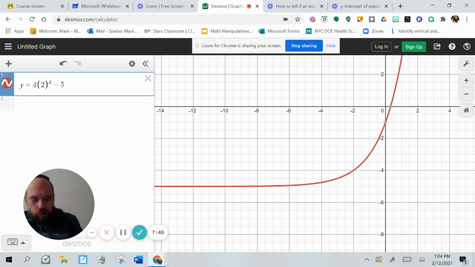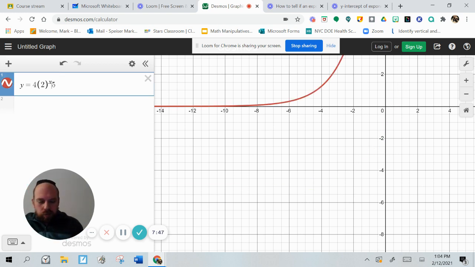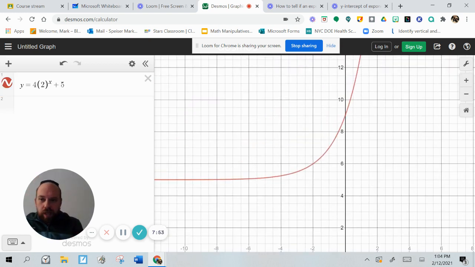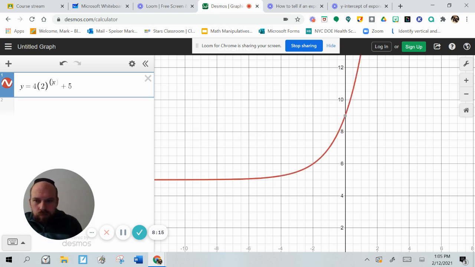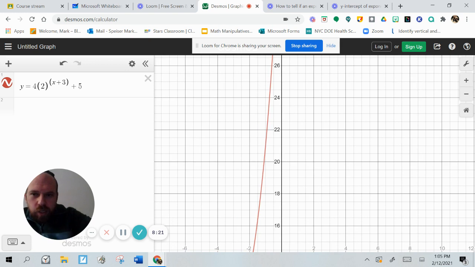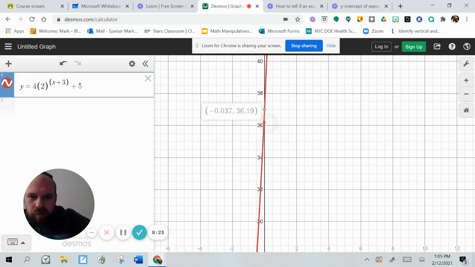And if I really want to shift it more, I can shift it more by adding more to the range all the way up to 37.